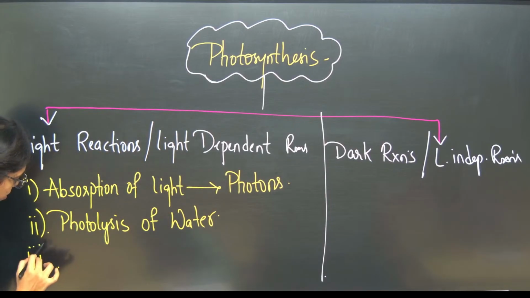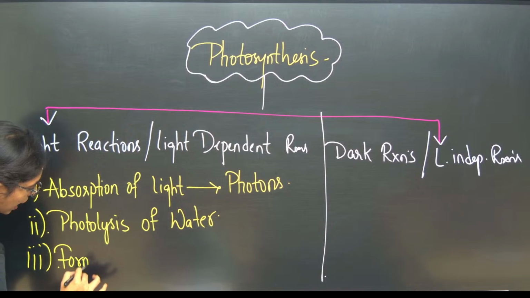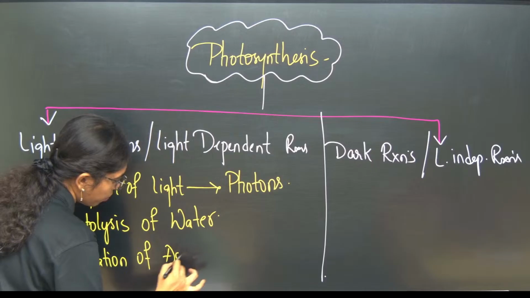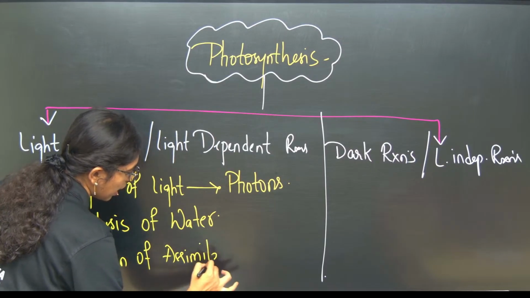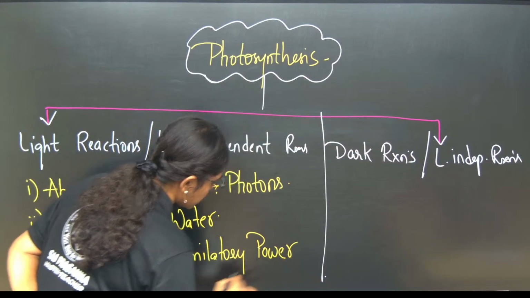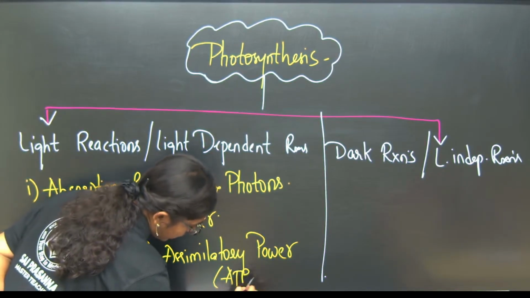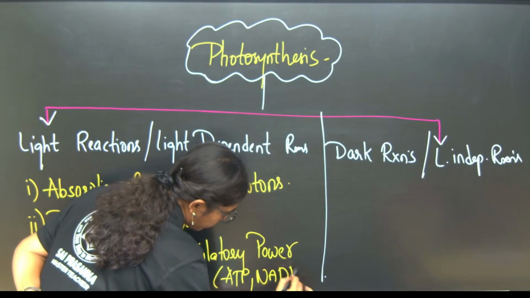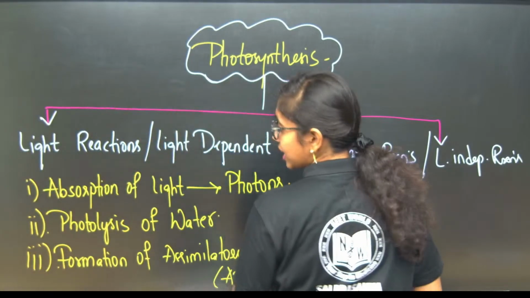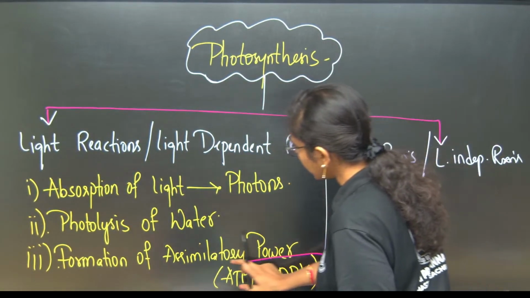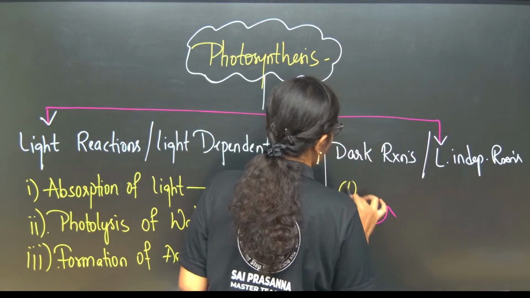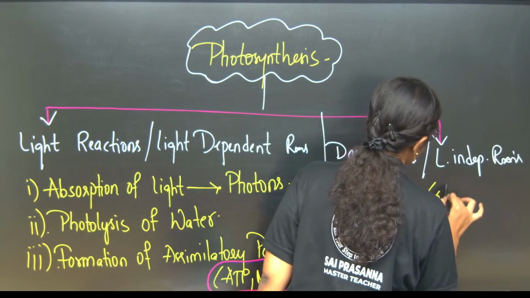And third is formation of assimilatory power. This assimilatory power is ATP and NADPH. Utilizing this assimilatory power, reducing or fixing carbon dioxide to glucose is the dark reaction.